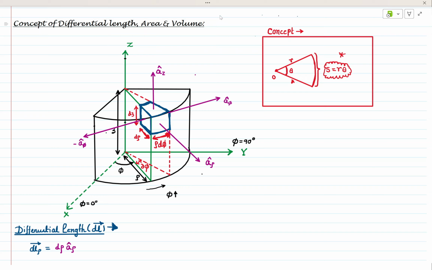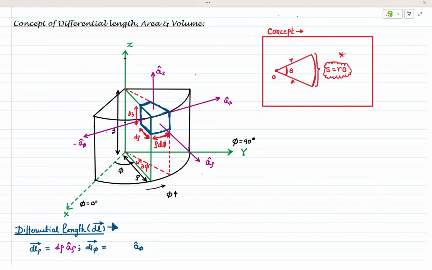In a similar way, I can write the differential length in the direction of phi also. That is also a vector quantity, with magnitude and direction. The direction is definitely a phi. Now, look at this carefully: what is the component in the direction of phi?